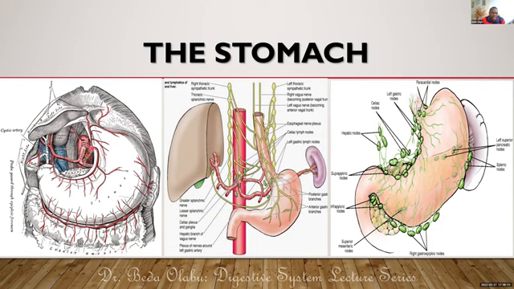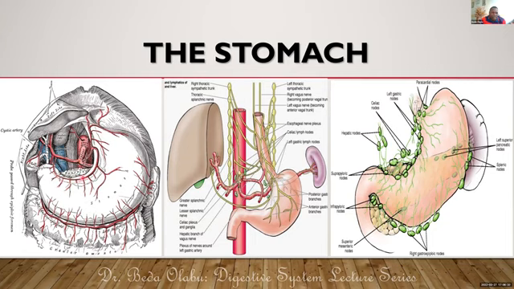So it supplies the left side of the lesser curvature. That is left gastric artery. Then we have the right gastric artery, which supplies the lesser curvature from the right side. This right gastric artery is a branch of the common hepatic artery, which is still arising from celiac trunk.